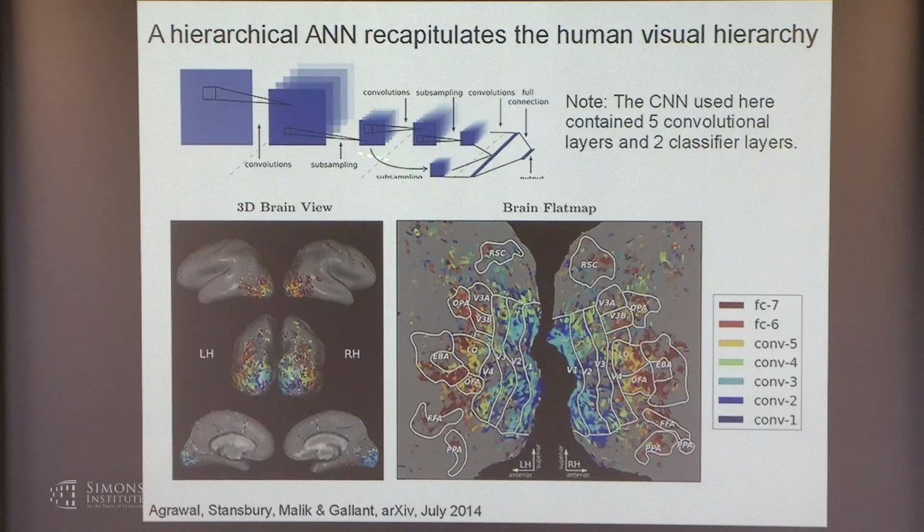And you can use one of these deep networks, like the Caffe network, to map onto, in this case, MRI data. This is the visual system in the back of the head, and these white lines are the individual visual areas, V1, V2, V3, V4, and so on.